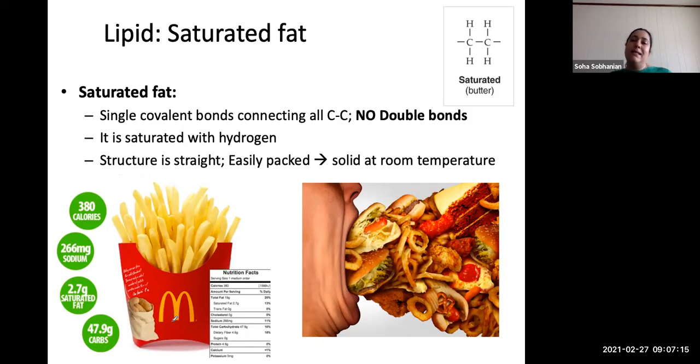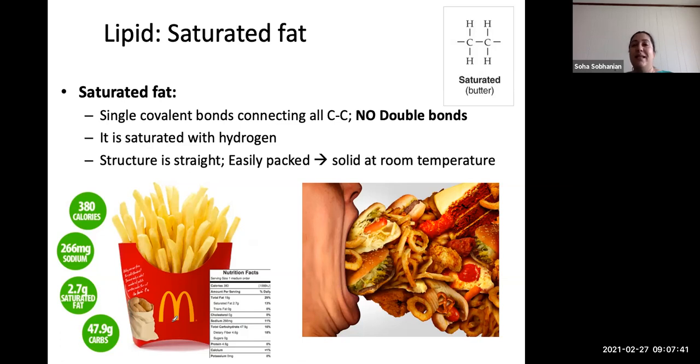So why is this important? When you have this beautiful straight structure, it's really easy to pack the fat molecules on top of each other. When you pack so many molecules in a very small space, basically your molecule becomes super dense and it's going to be solid at room temperature. Again, guys, typical exam question.